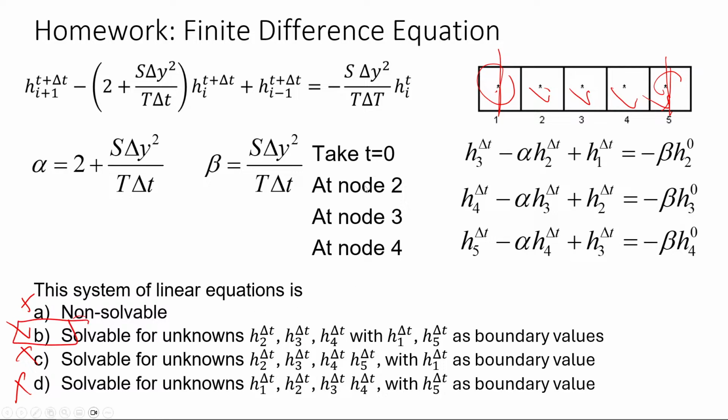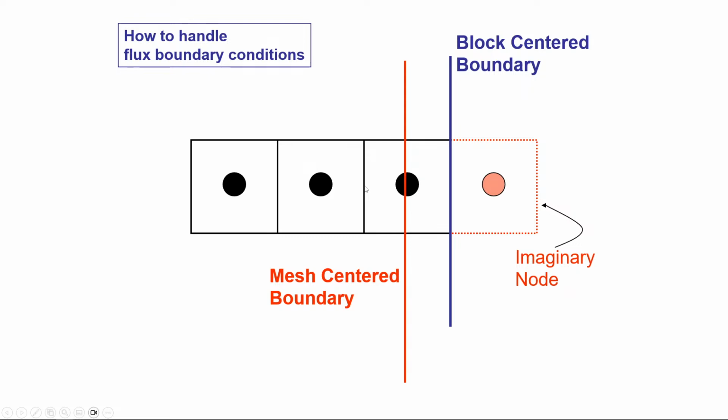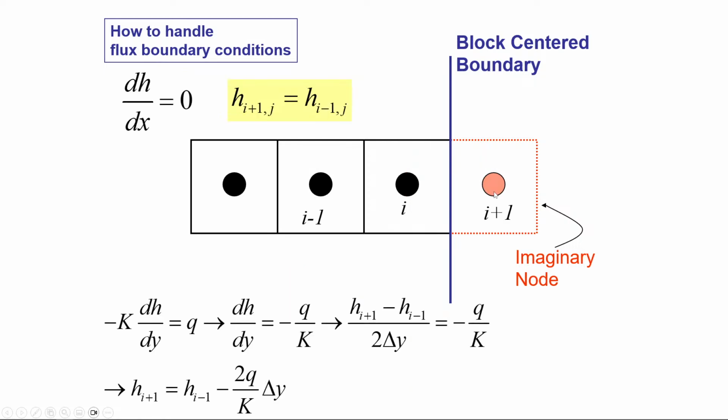Okay. Let me show you another case. Remember, there are different types of boundary conditions. So I showed you this for type 1 boundary condition. But what if you have a flux boundary condition? If you have a flux boundary condition, the solution technique is generally to assume an imaginary boundary here, in the mesh center.